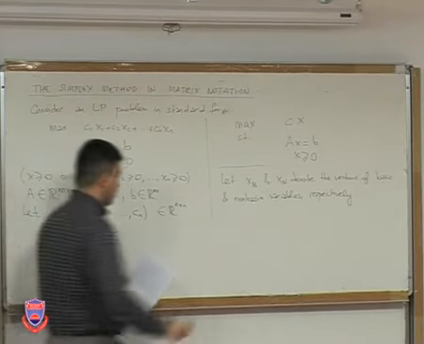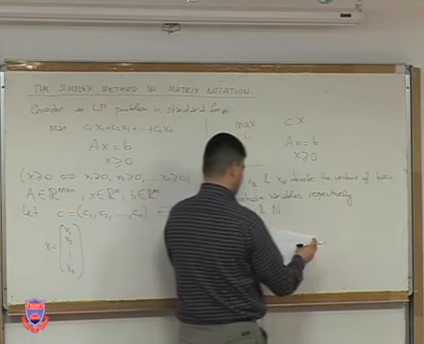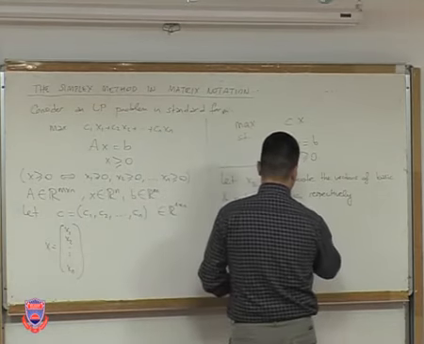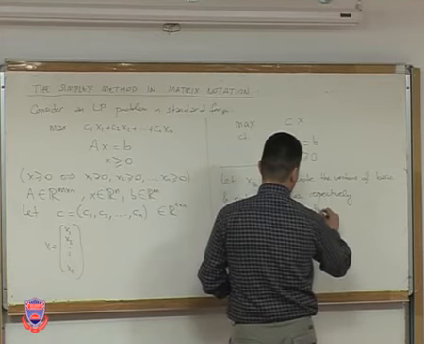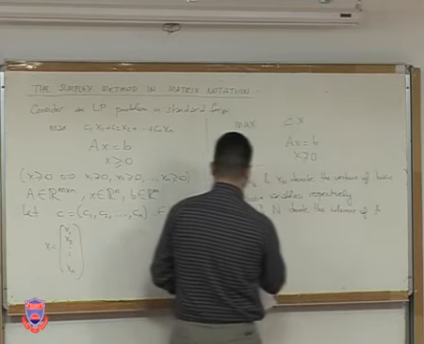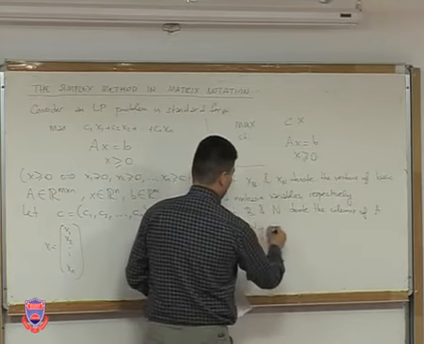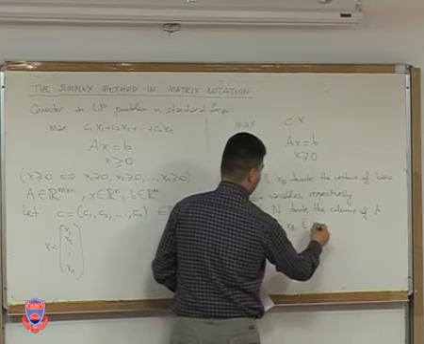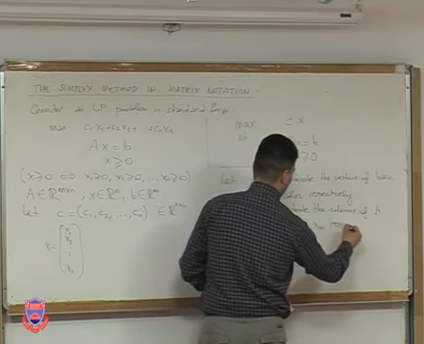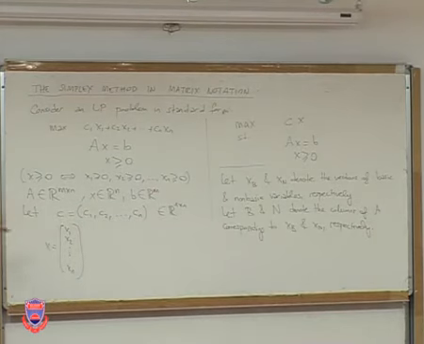Similarly, let B and N denote the columns of matrix A corresponding to variables xB and xN respectively. We have seen this before. We know how to figure out the matrix B for a given choice of basic variables.